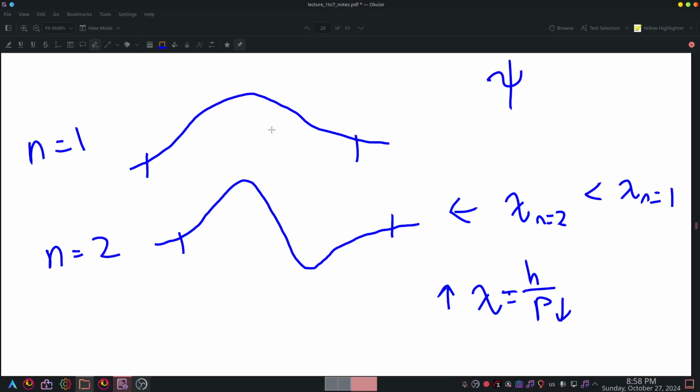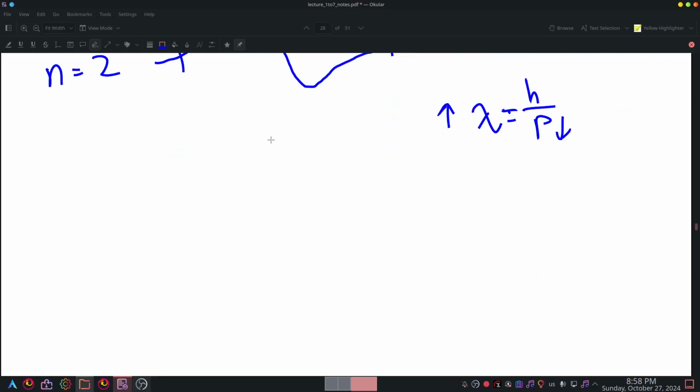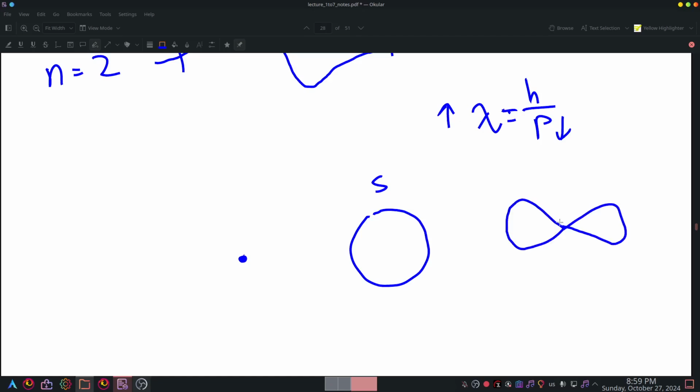So let's say for the most simple hydrogen atom, the shapes of the orbitals we talked about before. This is the s orbital, and then the p orbital looks a bit like a dumbbell, or an infinity shape, like an 8 shape.